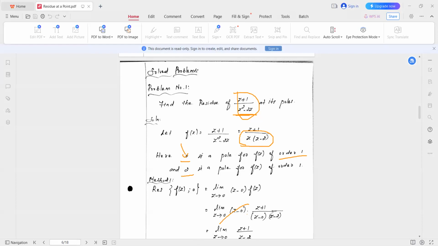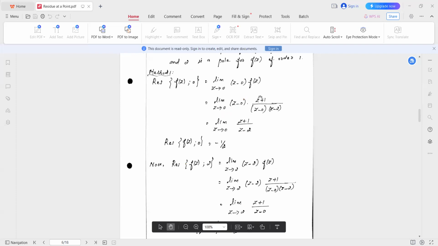Now z minus 0 and z minus 0 get cancelled. The remaining is limit z tends to 0, (z plus 1) by (z minus 2). When z tends to 0, the numerator becomes 1 and the denominator becomes minus 2. Therefore, the residue of f of z at the point 0 is minus 1 by 2.